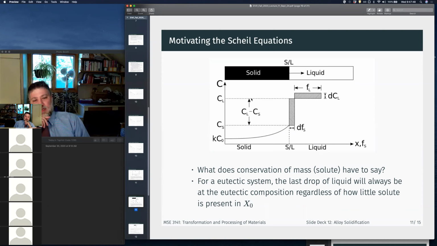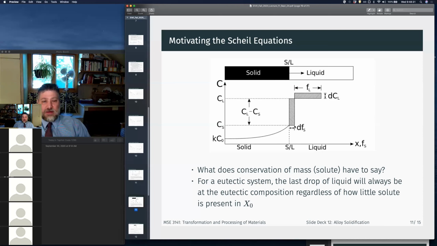This is from a different source, and it uses C for composition instead of X for mole fraction, but the concept is exactly the same. I wish this picture was in your book. As we solidify, we have to change composition from the liquid to the solid, and we're moving our interface over a tiny little amount. So this is the tiny increment in the fraction that's solidified.